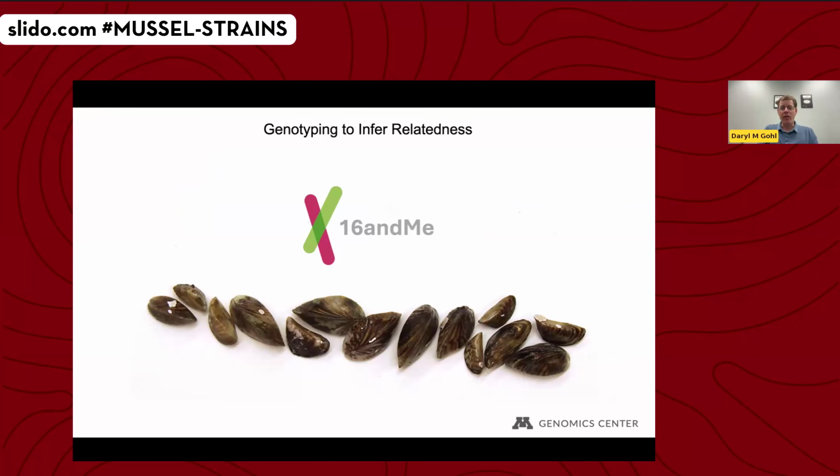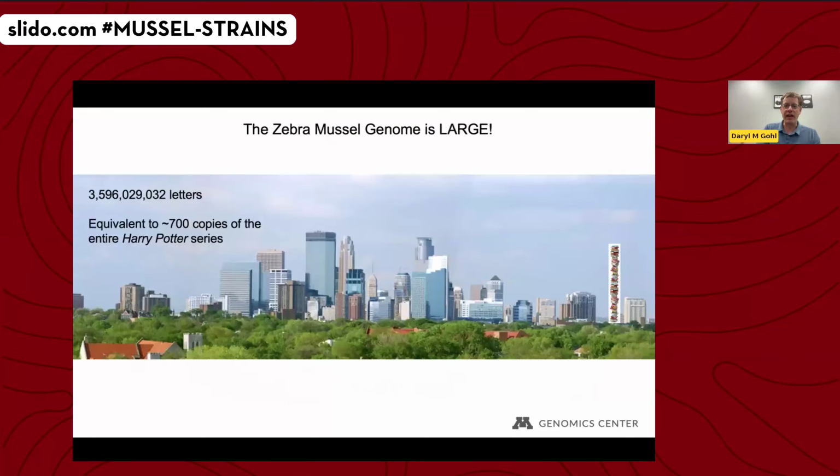So how does one actually go about genotyping? One way to do it is to sequence the DNA. And one of the issues with just sequencing the zebra mussel genome for all of these samples is that these genomes are very large. So the zebra mussel genome, the diploid genome, is about 3.6 billion letters long.